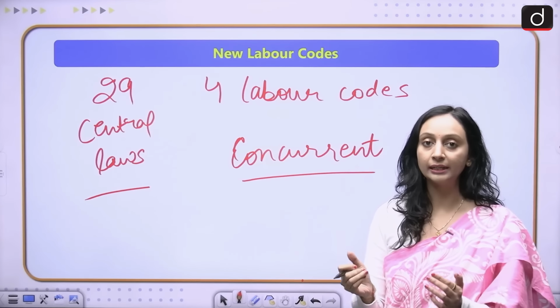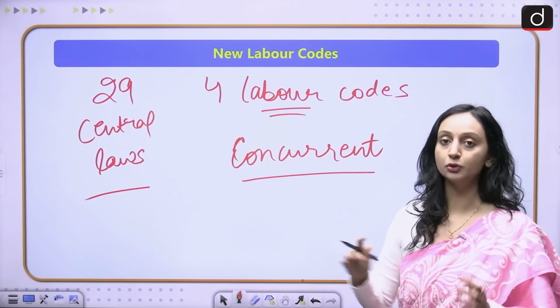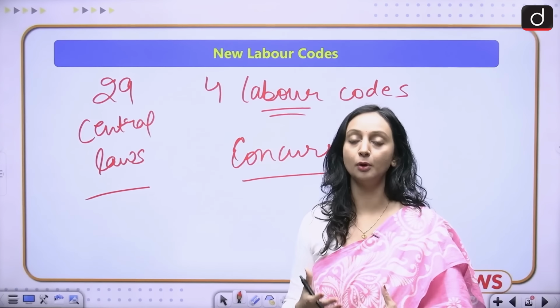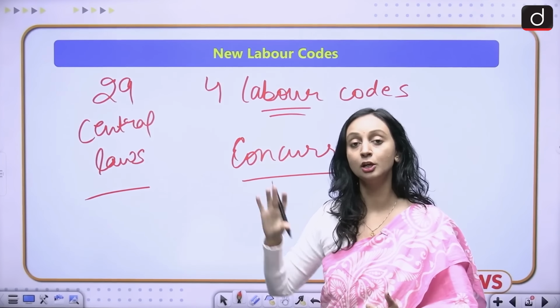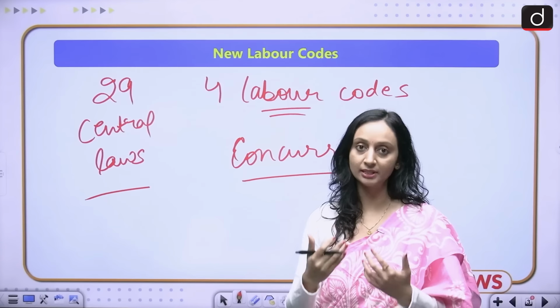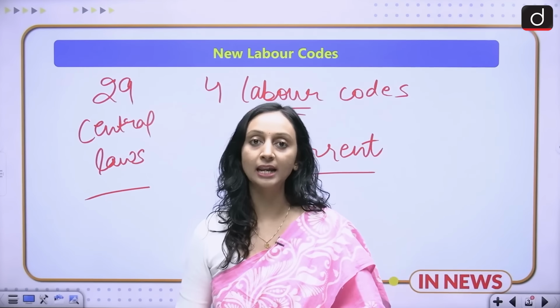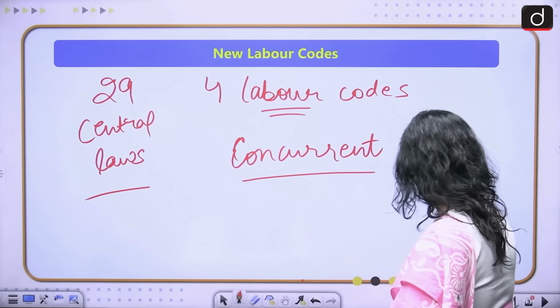Now all these 29 central laws have been amalgamated into 4 labor codes or 4 labor laws, because it is important to bring about uniformity or reduce the ambiguity in all these laws that used to exist. So these labor codes are going to have a set of laws which are going to benefit both the employers as well as the employees, because the goal here is to serve both.